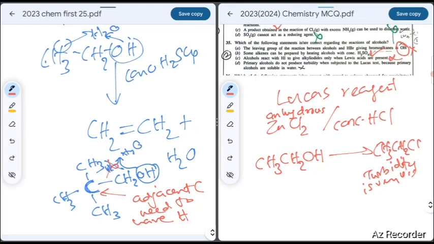Primary alcohols do not produce turbidity when subject to the Lucas test because primary alcohols are soluble in water. No, primary alcohols are soluble in water, but that is not the reason.